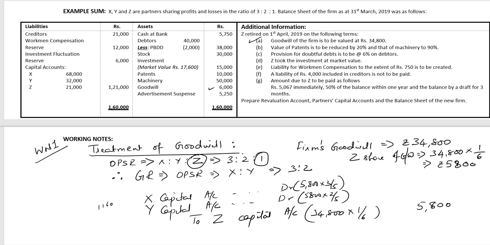So we have 2,320 and 3,480. So let's post this.